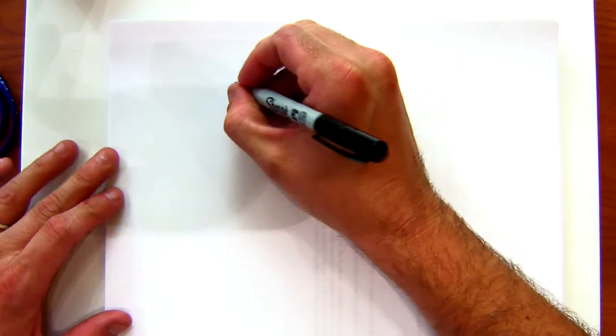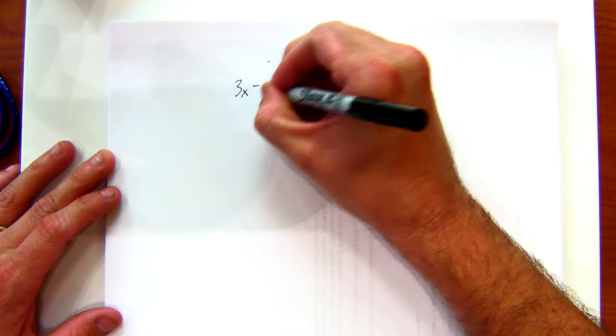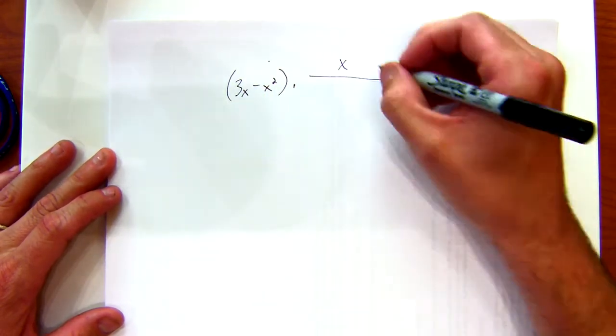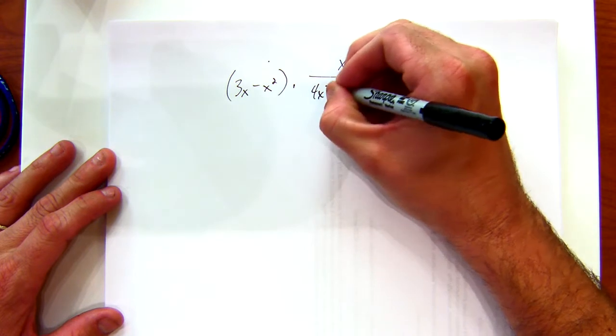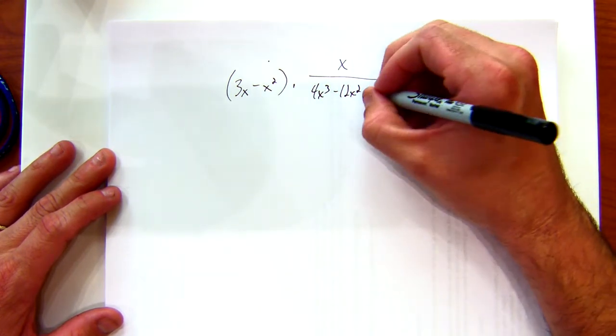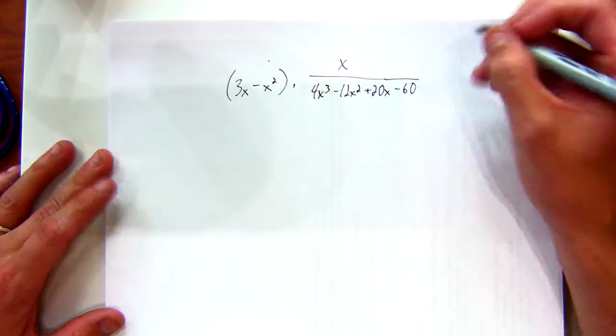Well, suppose we have 3x minus x squared times x over 4x cubed minus 12x squared plus 20x minus 60.